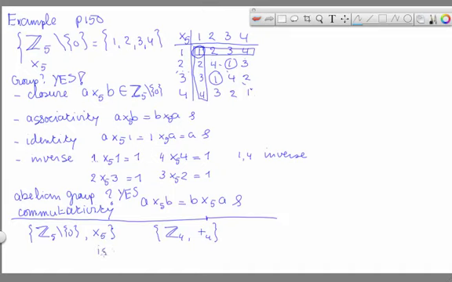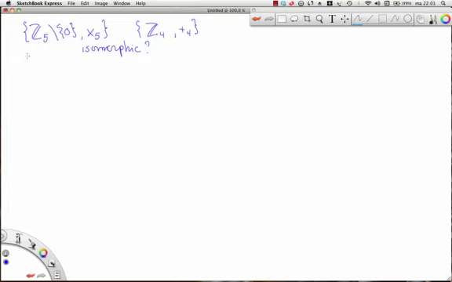And the question is now, are these isomorphic or not? Now, in order to answer this question, I go back to the definition.